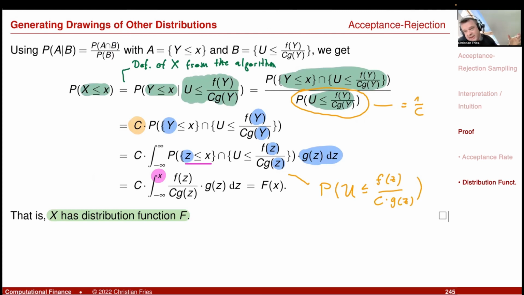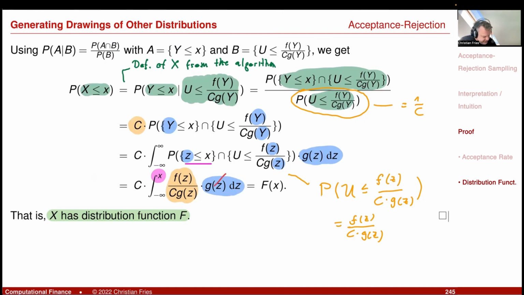But u is again a uniform. We already had this. This is just the value of this bound, f of z divided by c times g of z. So I can write f of z divided by c times g of z multiplied with the density g of z dz. And then you see that a lot of stuff cancels.